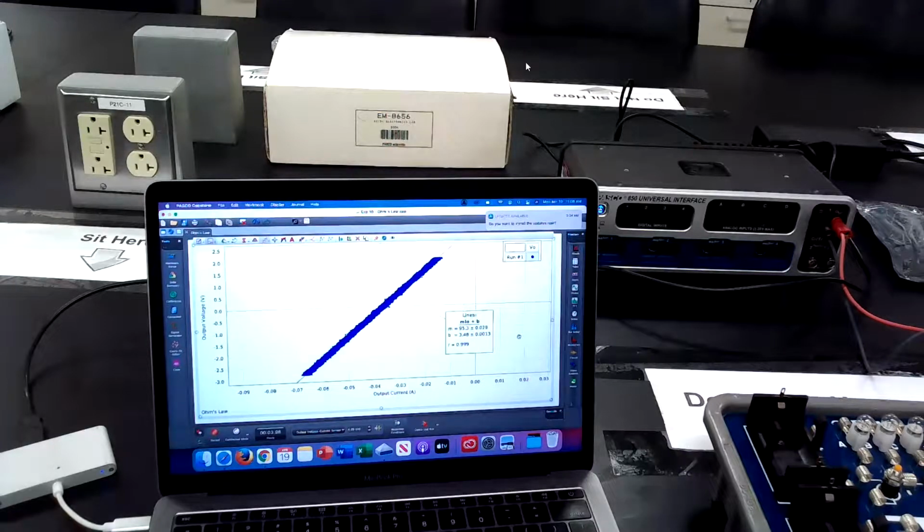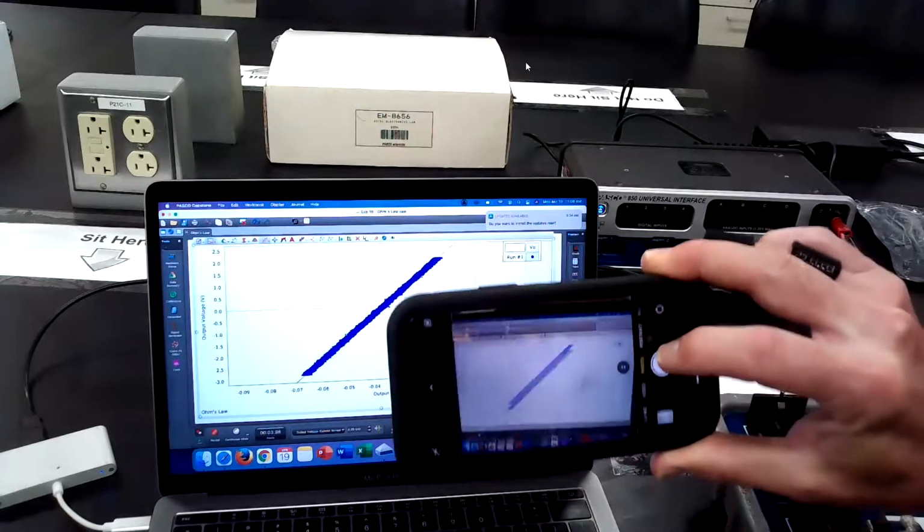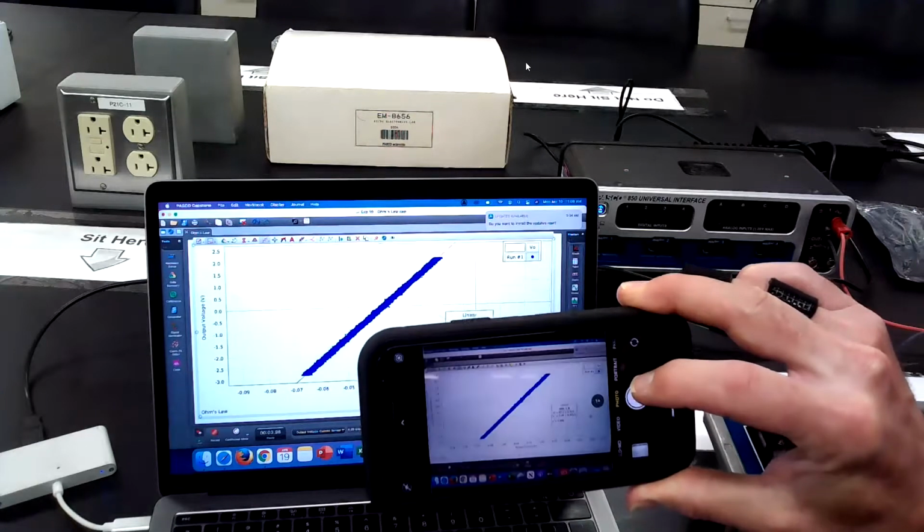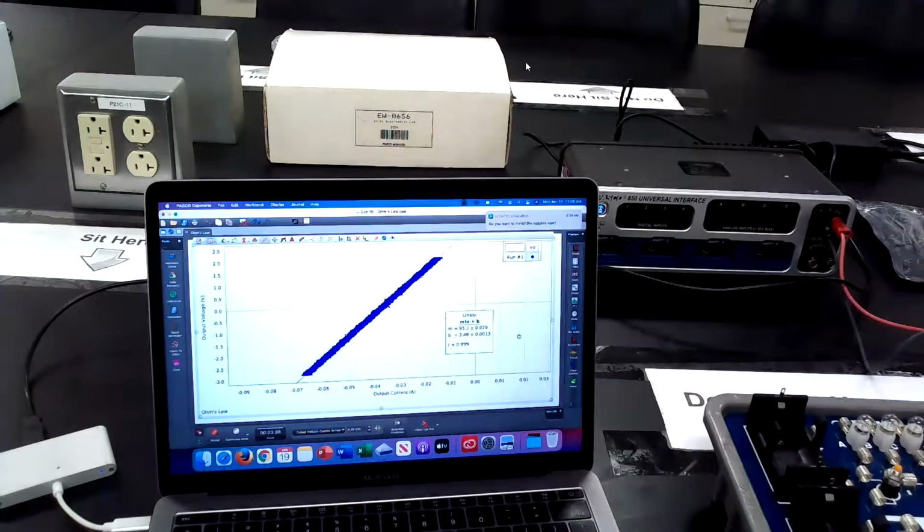The slope was 95.3. Remember, it's guaranteed. It's a gold last band, which means plus or minus 5%. So the manufacturer said it's good from 95 ohms up to 105 ohms. So that's fine. I record that run and go on to the light bulb.